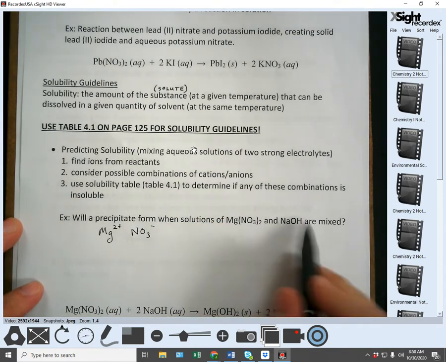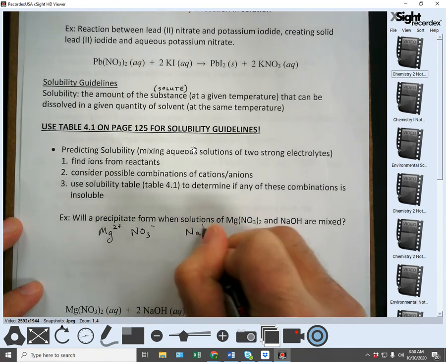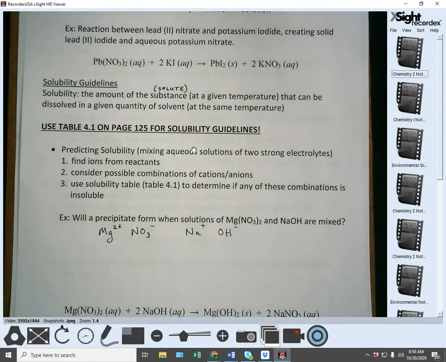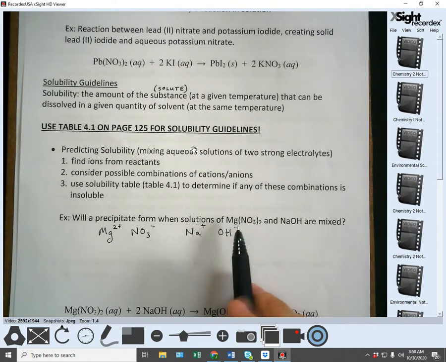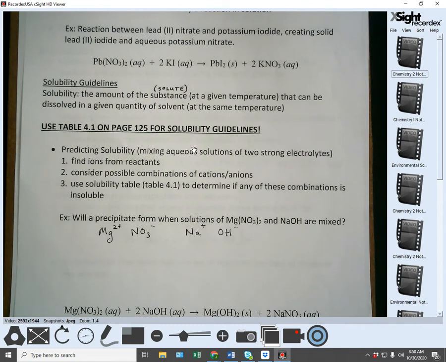And from this one, we're going to have ions of Na+ and OH-. Okay, so we already know that these two combinations are aqueous. So those aren't a precipitate, obviously.